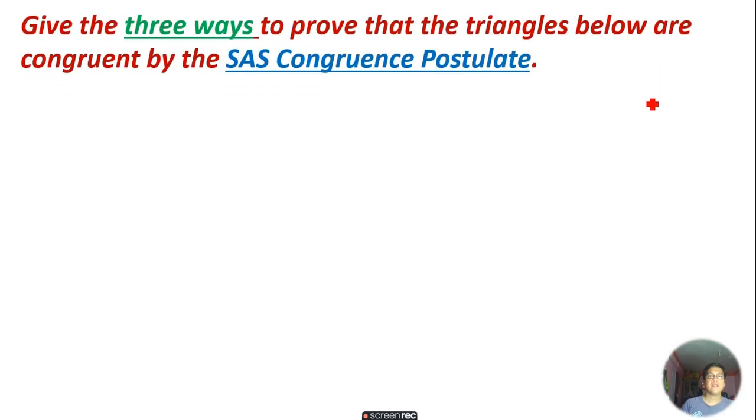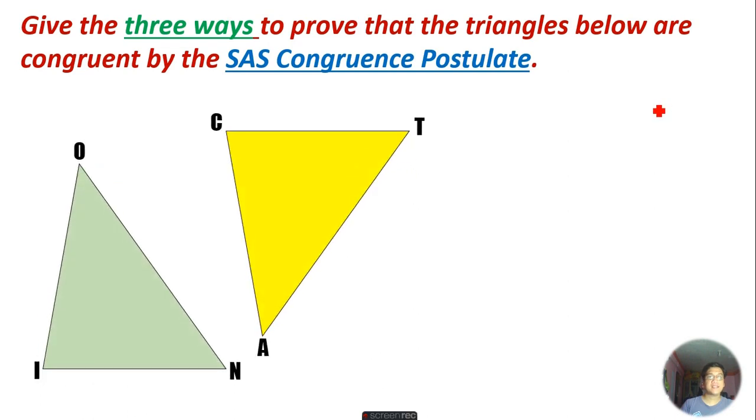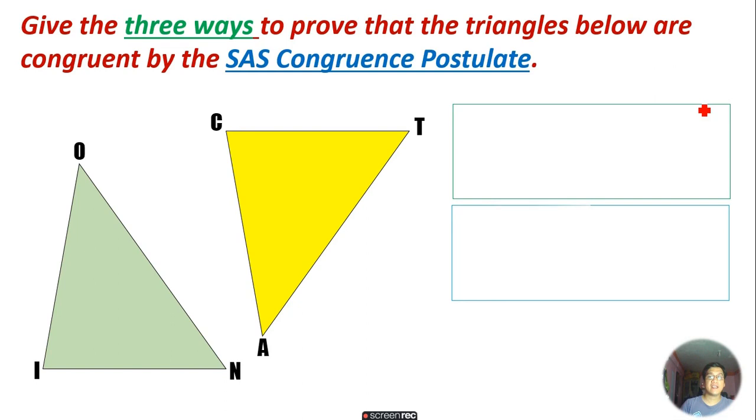Now, similarly, we can also express the congruence of these triangles in 3 ways. There are 3 ways in which we can illustrate, because there are 3 combinations. Let's see. This one is paired with this one, this side, and then the last one.